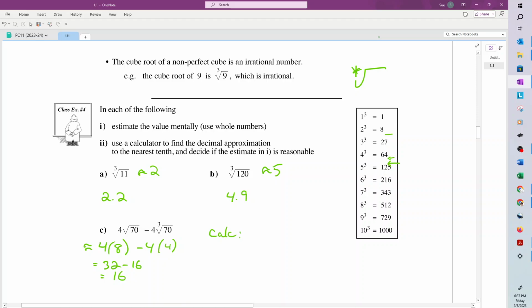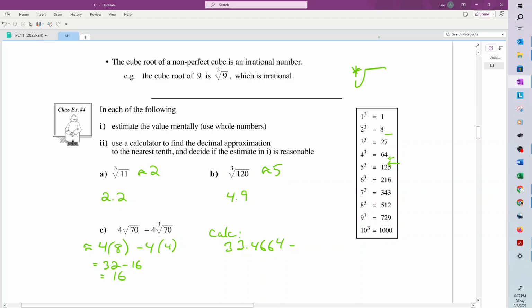If I calculate this one, well, if I calculate this first part, I get 33.4664. Now, it's really important, if you're rounding to one decimal place, that you write down and retain at least 2 digits past what you're going to round it to at the end.